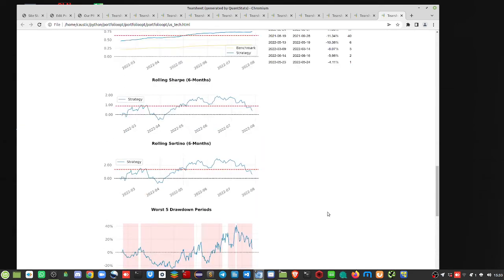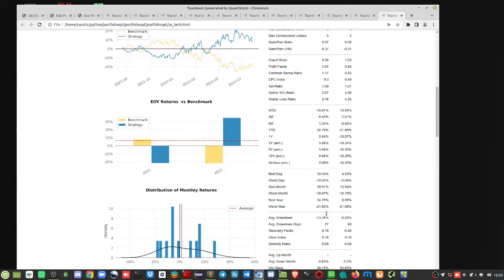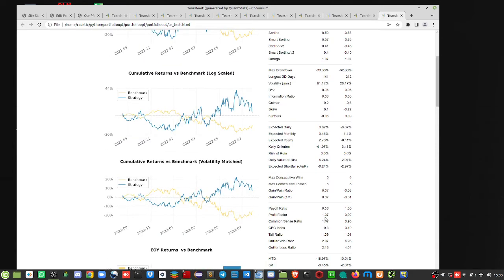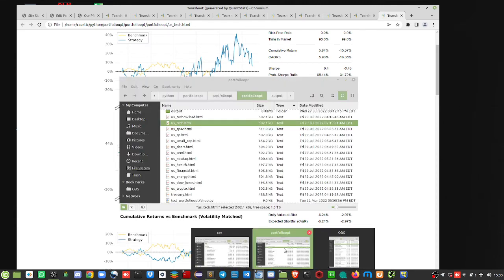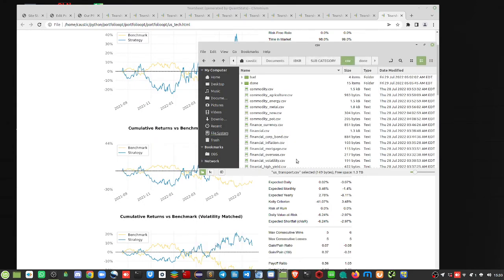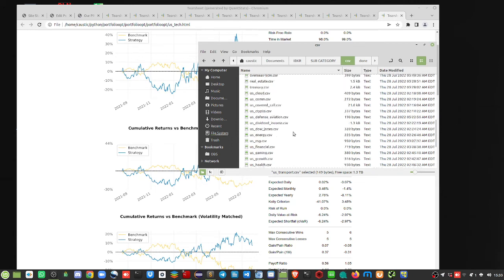So here, in terms of splitting up this tech, there's a lot of online cyber, robotics, and other types of technical ETFs that I can separate into their own. As an example, I've already started that process here, where I have a category for cloud, which is cloud and cybersecurity.